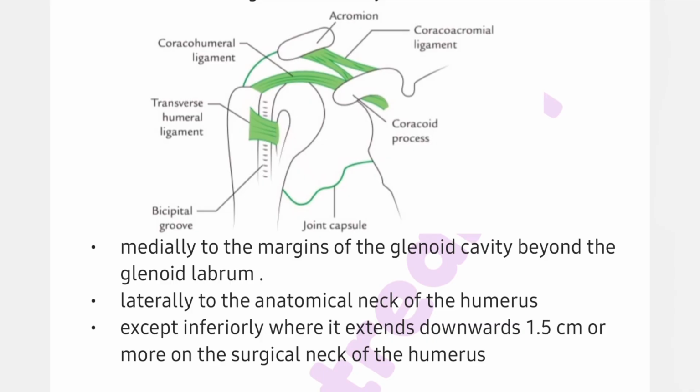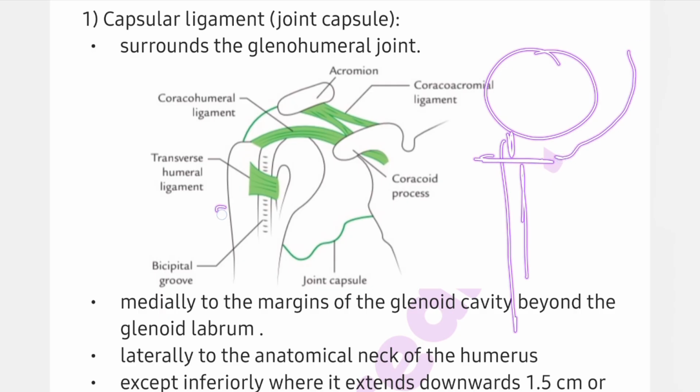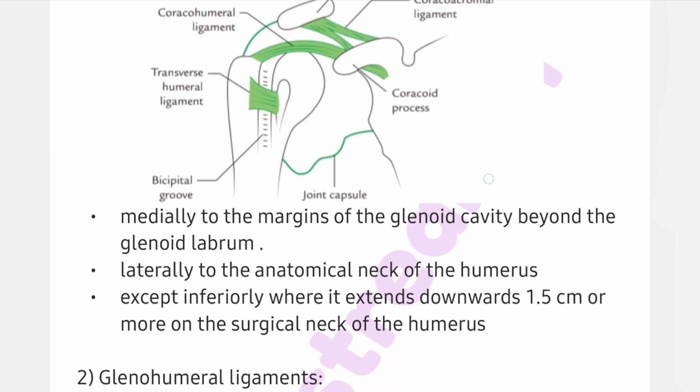Now inferiorly, head you have, shaft is this, this is the constriction, this is surgical neck of humerus. Beyond surgical neck of humerus it is attaching. So medially glenoid cavity beyond glenoid labrum, laterally to anatomical neck of humerus, inferiorly it is attaching beyond the surgical neck. So these are all the attachments you will write.